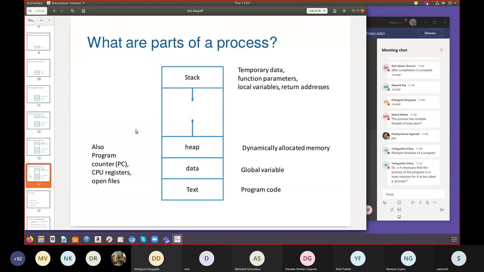Okay, so what is Subhash asking? Is it necessary that the entirety of the program is in main memory for it to be called a process? I'm not very sure about the question. Are you talking about this part, the program code? Whether the whole program code needs to be in memory?